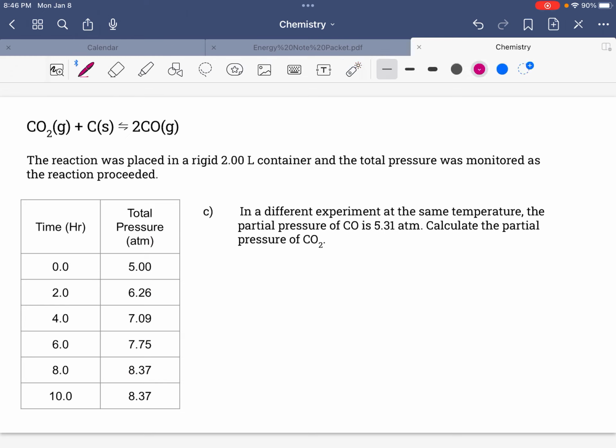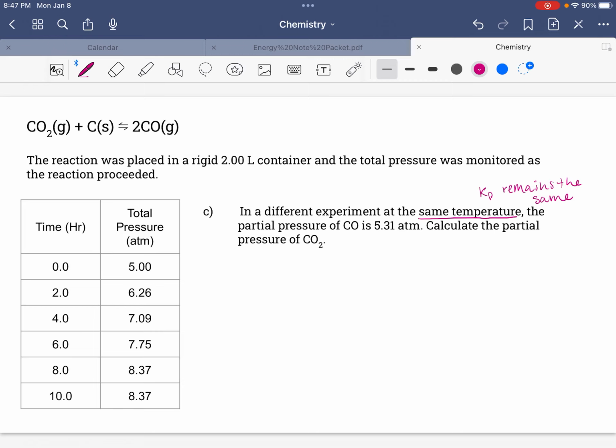This is a separate experiment, but they did tell us that it was done at the same temperature, which means that Kp is going to be the same. So Kp remains the same because this was done at the same temperature.